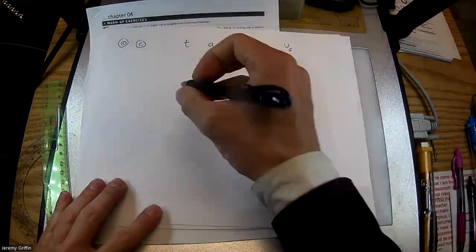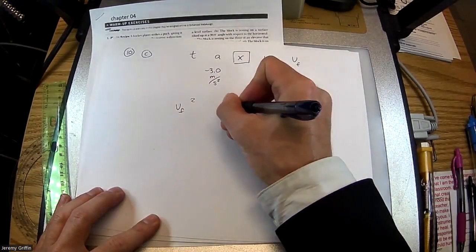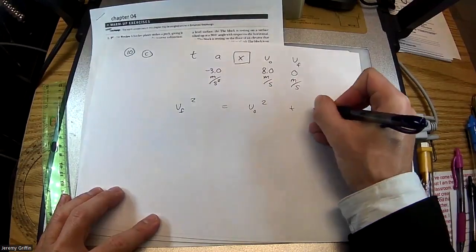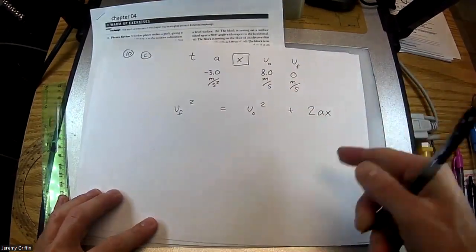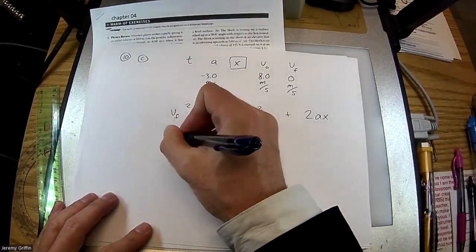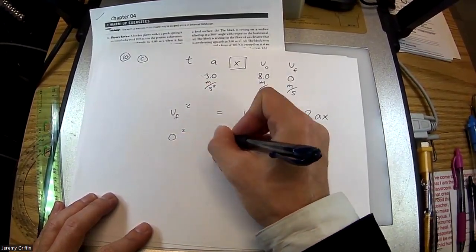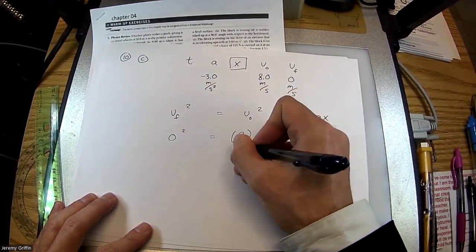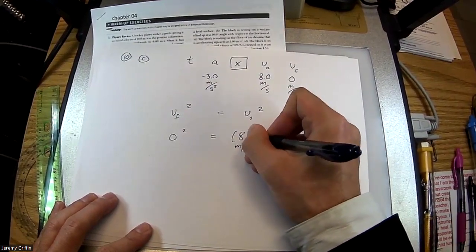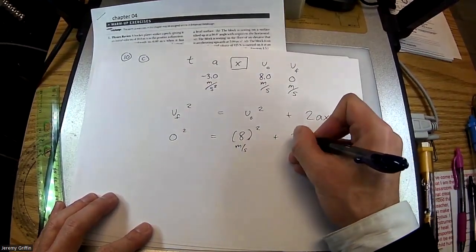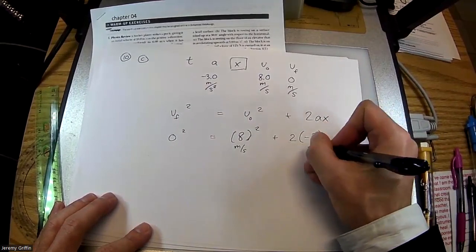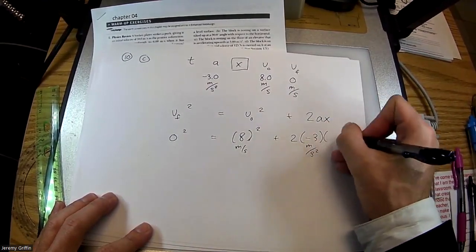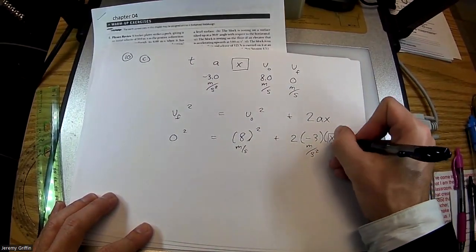Yeah. Let's go. vf squared equals v naught squared plus 2ax. Or if you like, say minus 2ax, slowing down, right? So 0 goes there. Coming from 8 meters per second, square that, plus 2 times negative 3 meters per second squared, and we're trying to figure out how far.